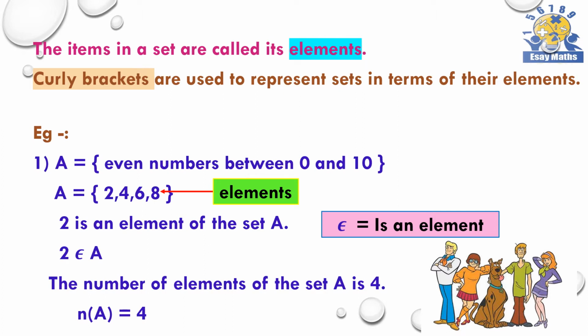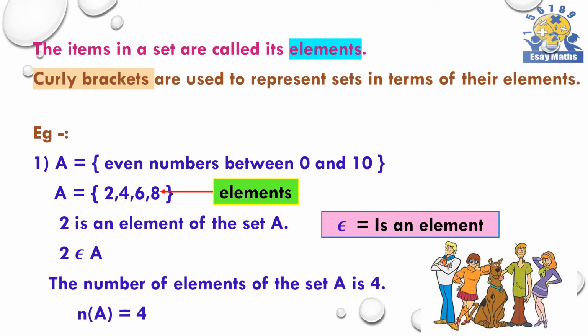To represent the number of elements, we should put small n and then a pair of parentheses, it means a pair of normal brackets, and within that we should name the set. So I am writing here n(A) is equal to 4.